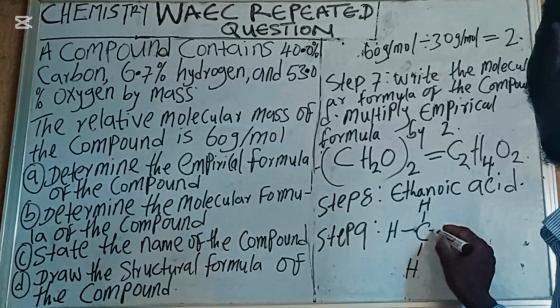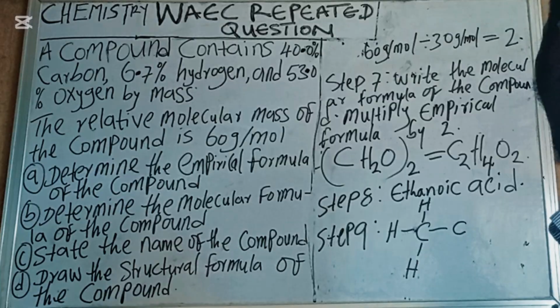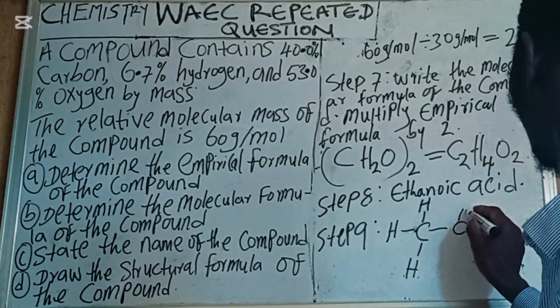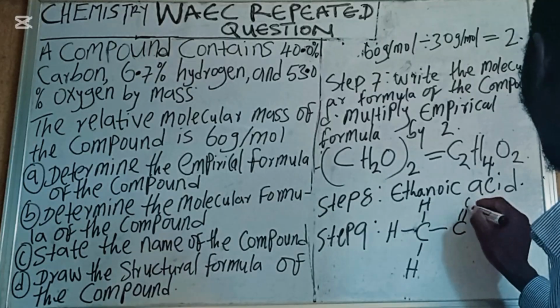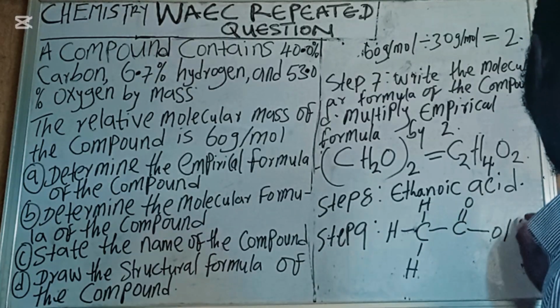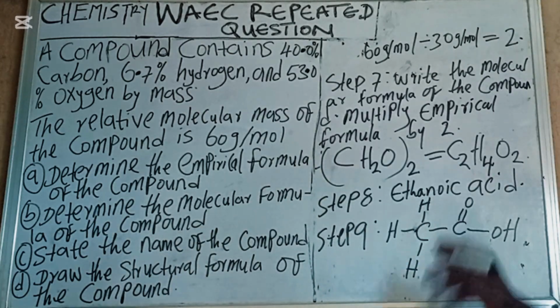So we have consumed 3 hydrogen. So you have 2C, you bring another C here, and this C here bonded with double bond to oxygen and a single bond to oxygen and hydrogen. So this is the structural formula of ethanoic acid.